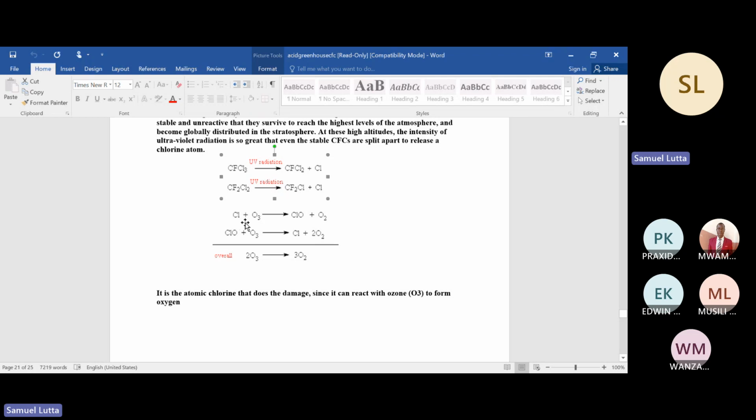We say that the atomic chlorine can combine with ozone to form ClO plus oxygen. And then the ClO can pick oxygen. When it picks oxygen, it can form the oxygen gas plus Cl. I think this is the reaction that I wanted to talk about.